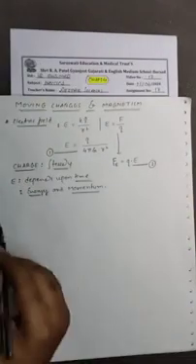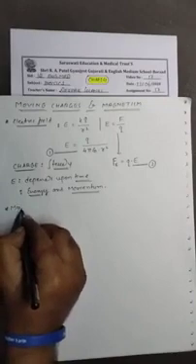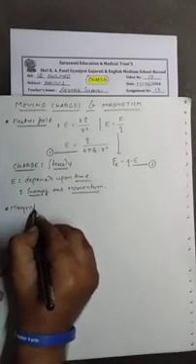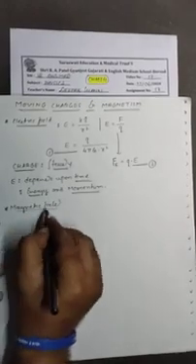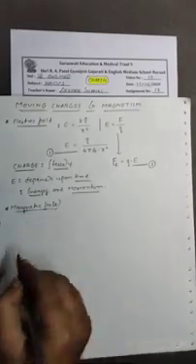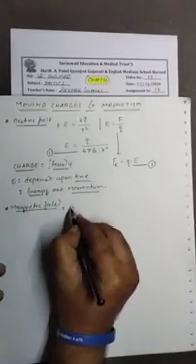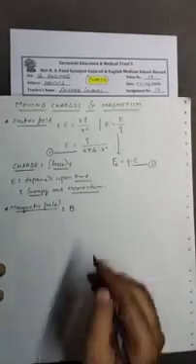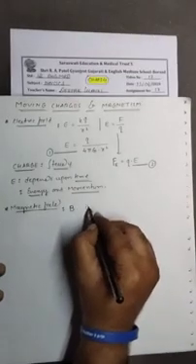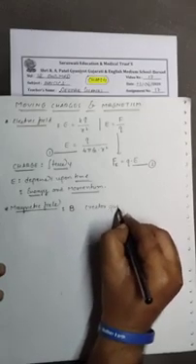Okay, so let us see what is magnetic field. Okay, magnetic field has the symbol B. Again, this is a vector quantity.